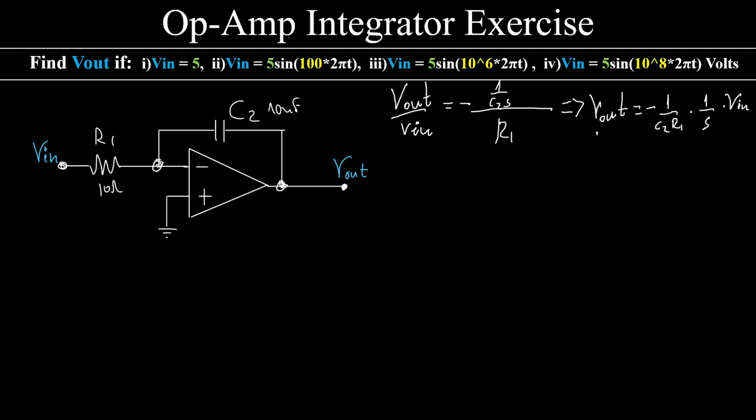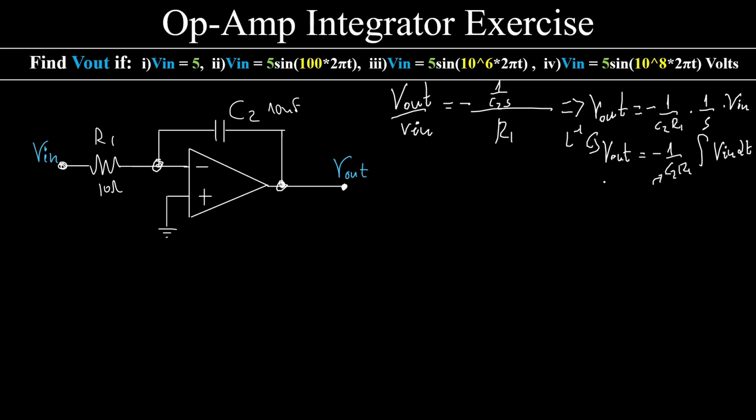I can go ahead and do an inverse Laplace operation and have that V out will be equal to minus 1 over C2 R1 times the integral of V in in the time domain. Now, this C2 R1 will be equal to what?